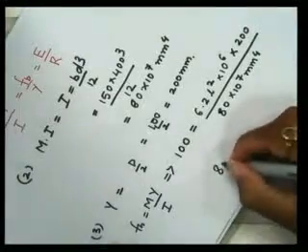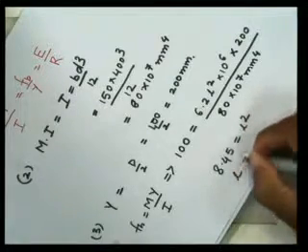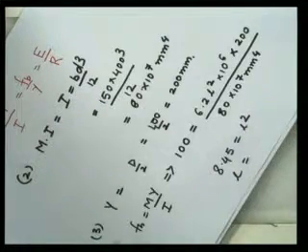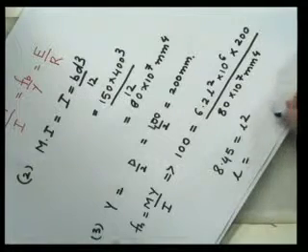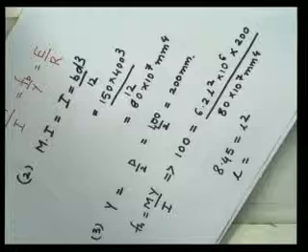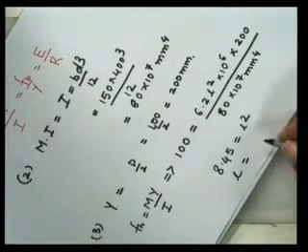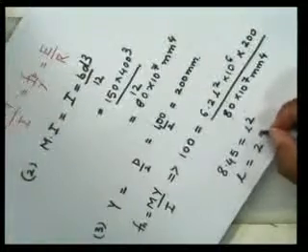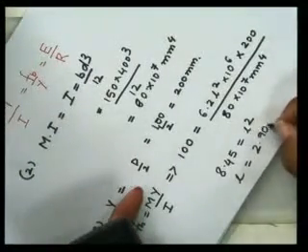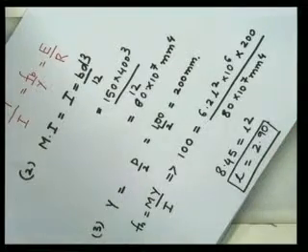So 8.45 is equal to L square. So L will be equal to root 8.45, that is 2.90. Okay, so this is the value of the span.